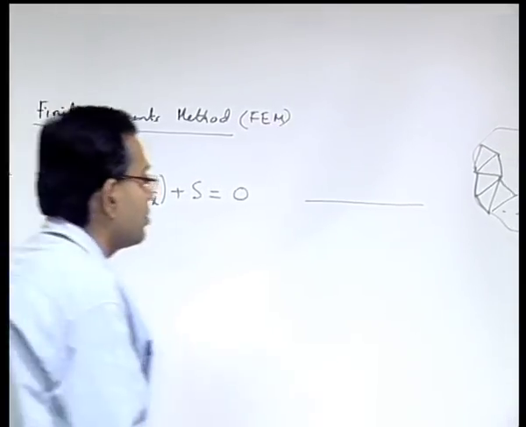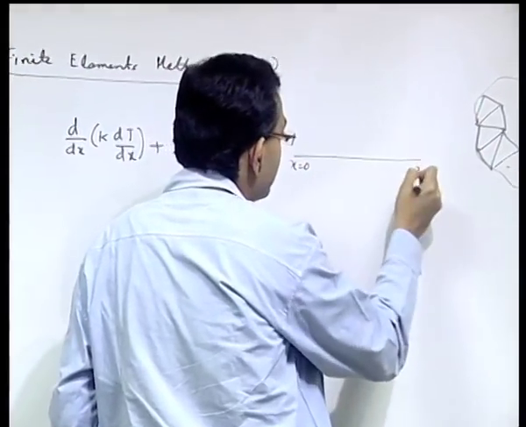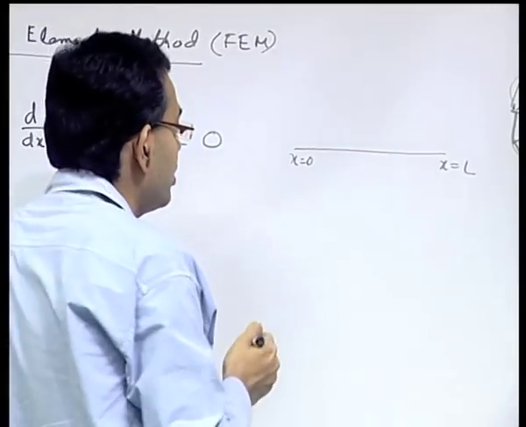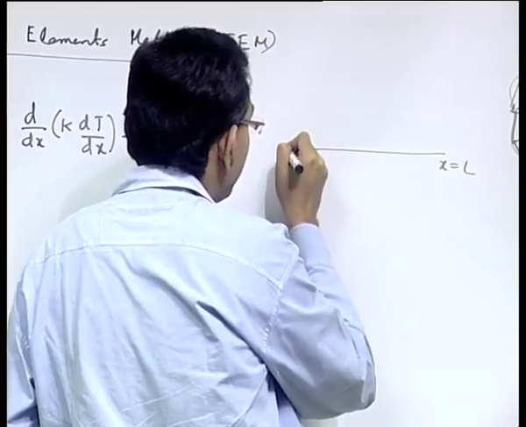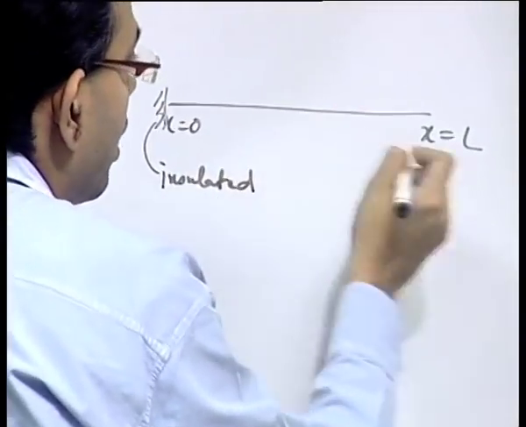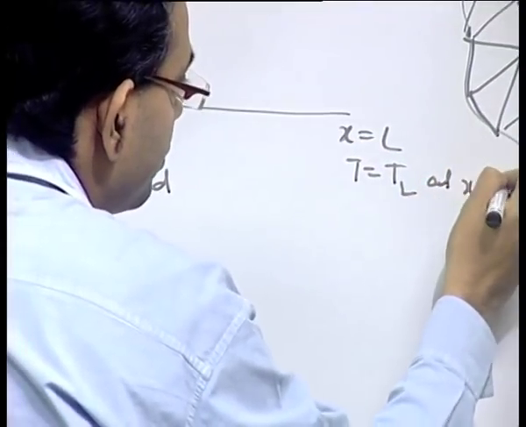Let us say that the left hand side is x equal to 0, right hand side is x equal to L, and let us say that the boundary conditions are as follows, that it is insulated at x equal to 0 and temperature is specified at x equal to L.